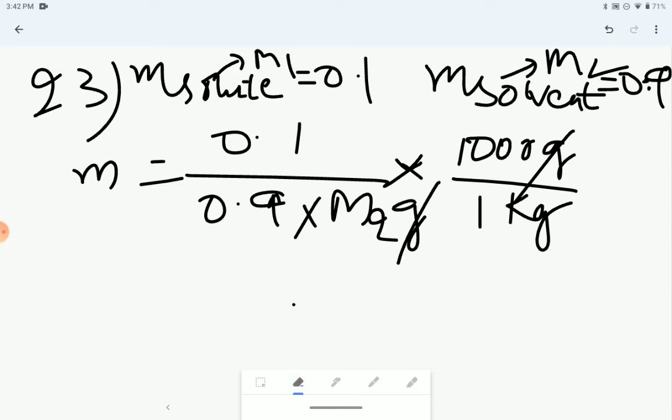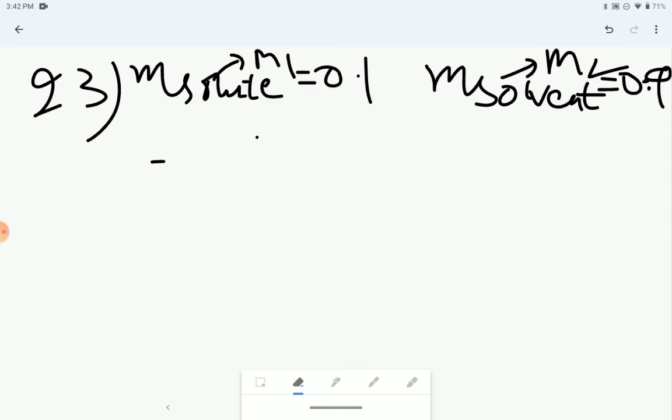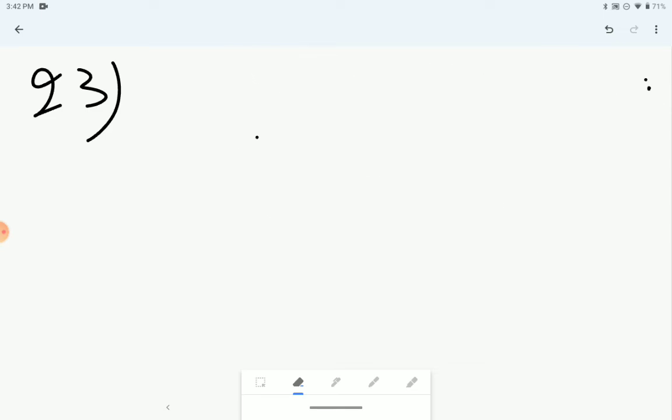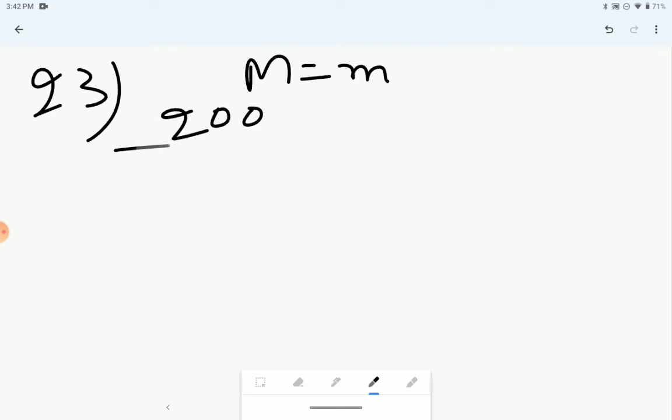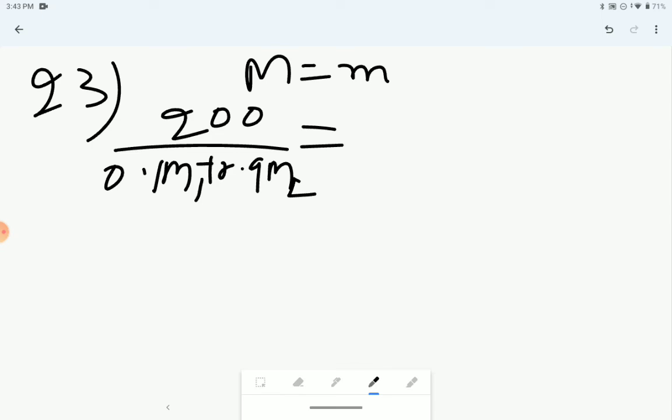This was molality, but in the question we were given that molarity is equal to molality. So the molarity we found out, which is 200 by (0.1 m1 plus 0.9 m2), equals 100 upon 0.9 m2.